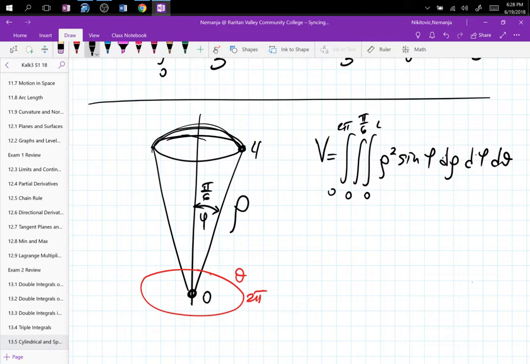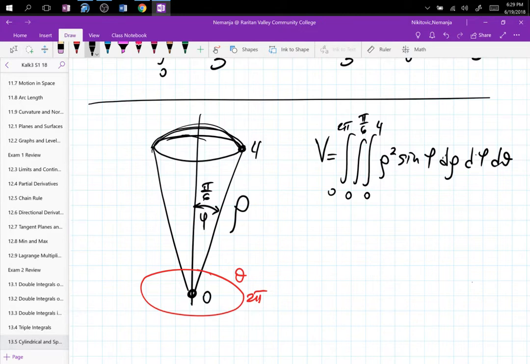And rho is 0 to 4. Forget about doing this in the XY coordinate system. It's a living nightmare. Could it be done? No. And then you just integrate.